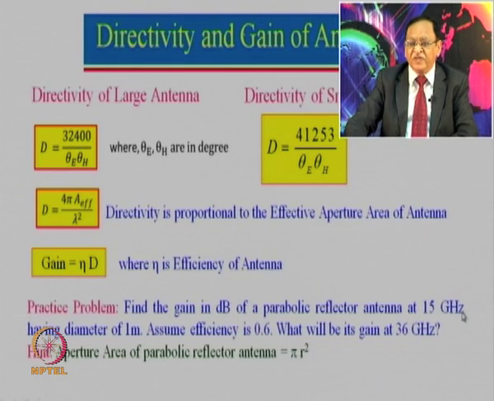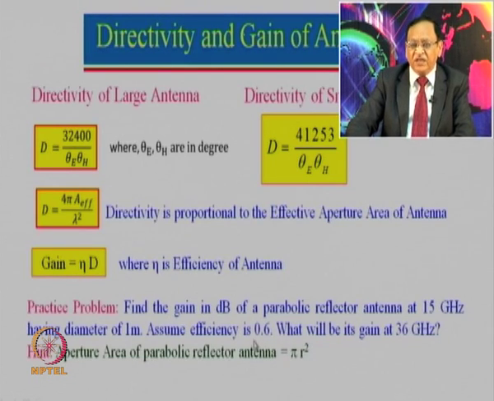Here f is 15 gigahertz, lambda is equal to c by f, where c is velocity of light. If you put that in, lambda comes out to be 2 centimeter. So lambda is 2 centimeter. From there you can find the directivity. However, efficiency of this parabolic reflector is only 0.6, so gain will reduce correspondingly.